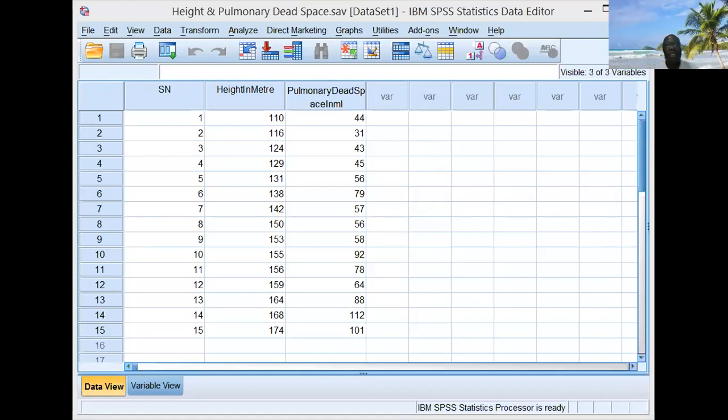Okay. So if you look at that data, that's what you have here. This is just the serial number. Should I explain pulmonary dead space? Yes, explain. Normally when the body takes in oxygen in the pulmonary system, there's an exchange of oxygen for CO2 at the alveoli cell level. But what the dead space means is that portion of the air that is not involved in that exchange, from the bronchi and all those other parts of the airway.